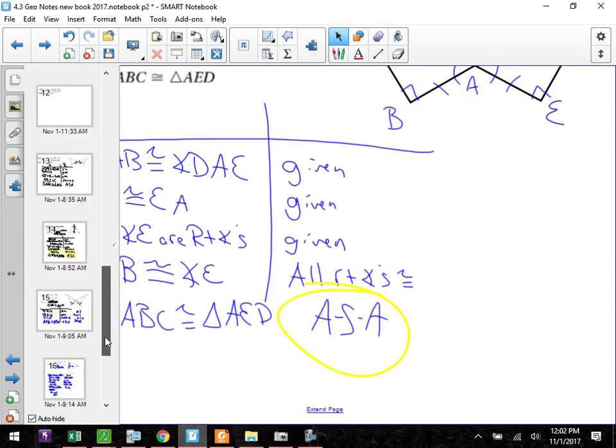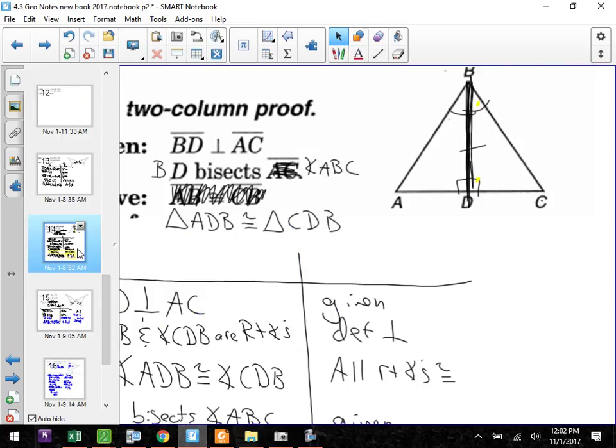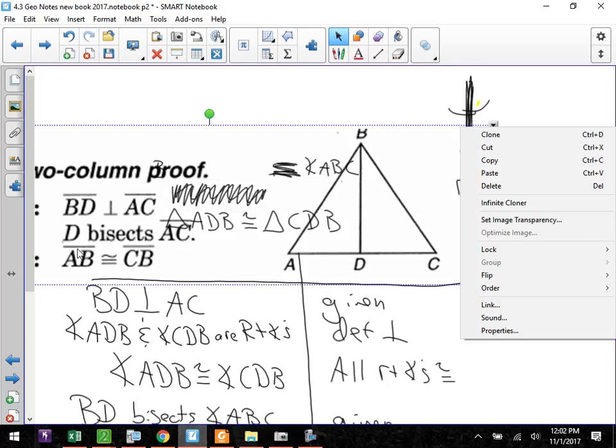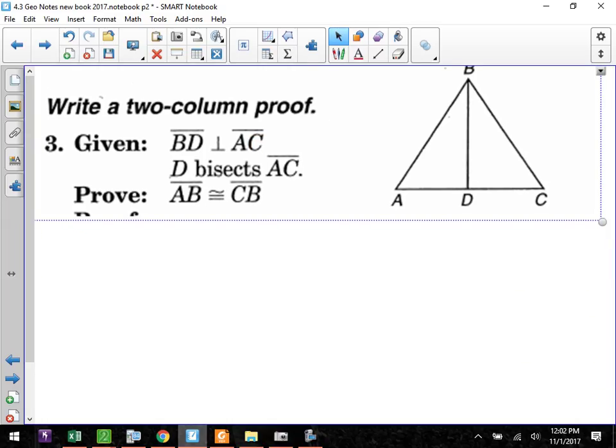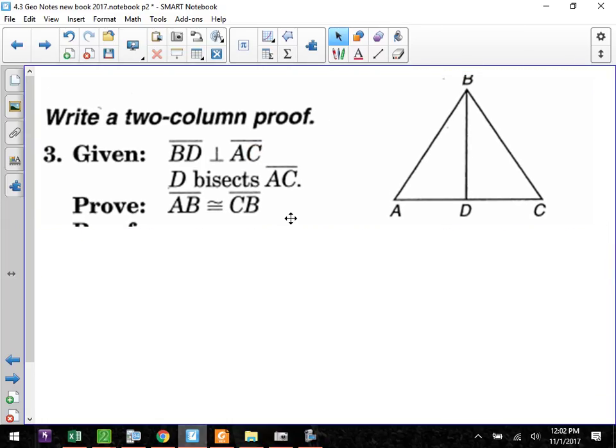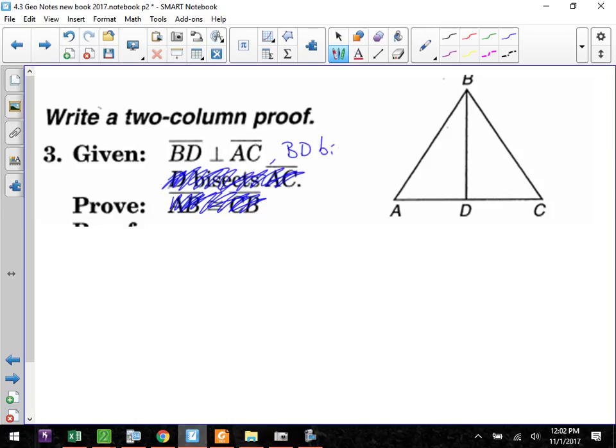Let's see, where's the next one? Okay. Change this up just ever so slightly. I've changed it from what that said here to that.